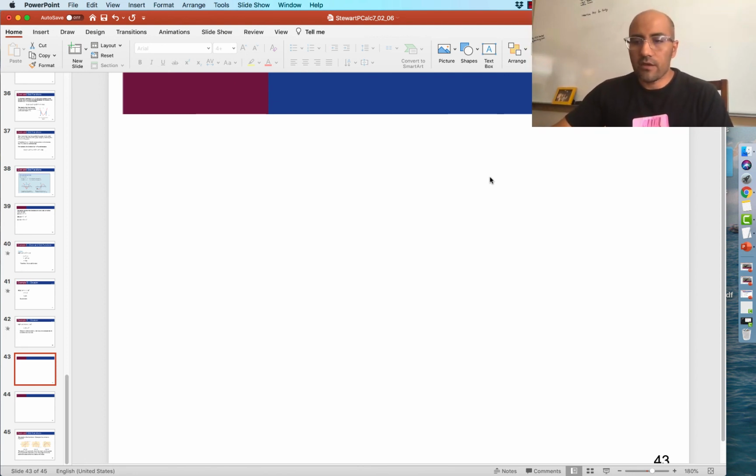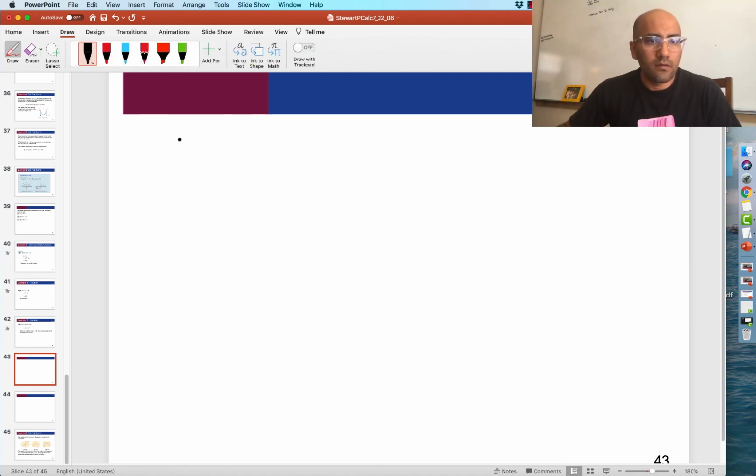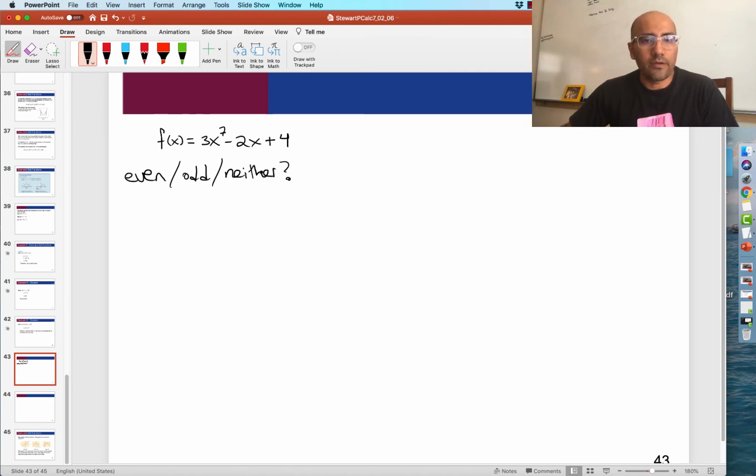Whenever you're given a question about whether a function is even or odd, you might be given some function f of x, and they might actually give you the equation, and it could be a polynomial, for example, 3x to the 7th power minus 2x plus 4, just some random function, and they ask you, is this even, odd, or neither? How do we do it?